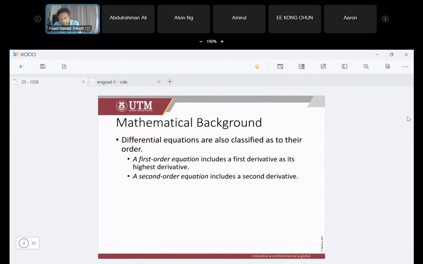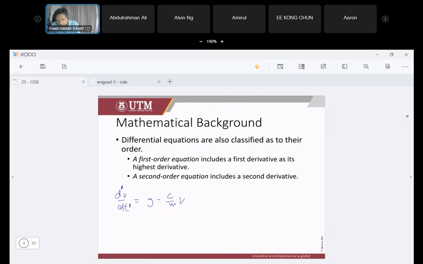A first order equation has a first derivative as its highest derivative. For example, dv dt equals g minus c over m v. Note that the highest order here is d1 dt 1. So this is first order.